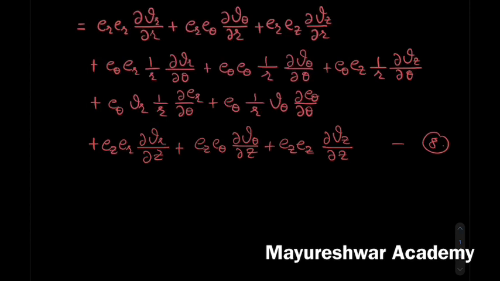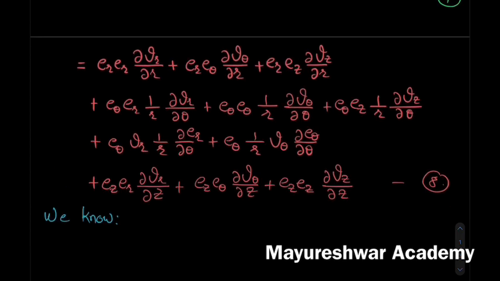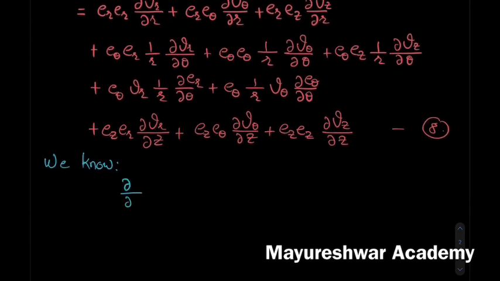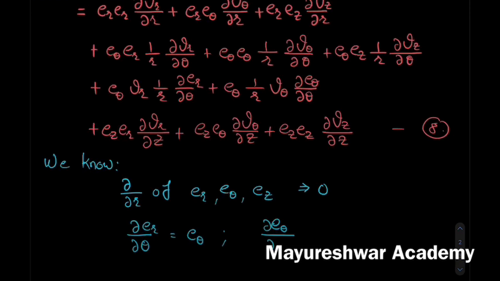Now we already know that the partial over partial r of the unit vectors er, e theta and ez are all 0, but that is not the case with partial over partial theta. Of er it is e theta, and of e theta it is negative er.